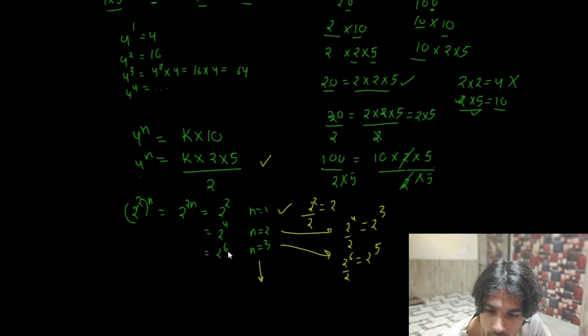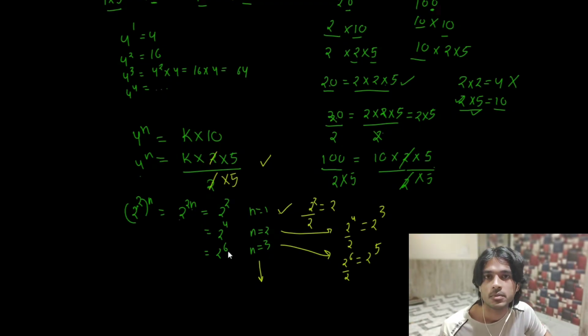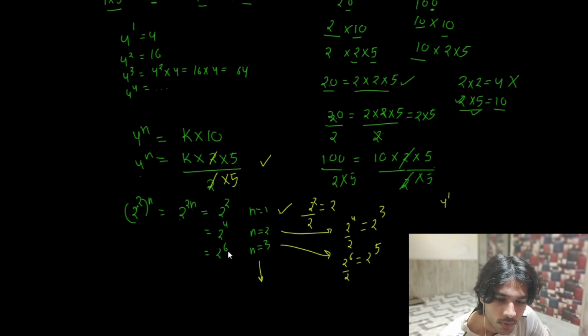But because this right hand side is also divisible by 5, and because this right hand side equals left hand side, left hand side must be divisible by 5 too. So 4 to the power n must be divisible by 5.